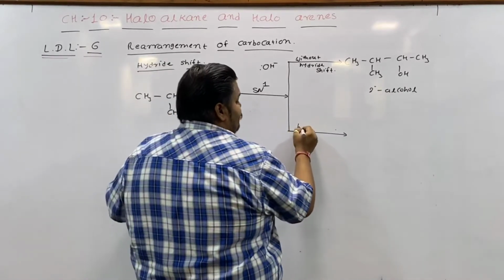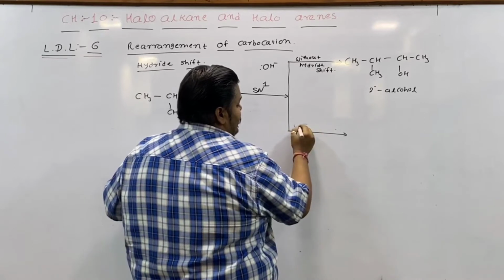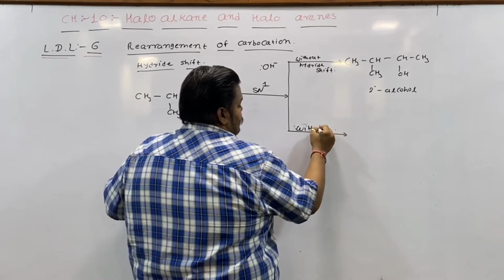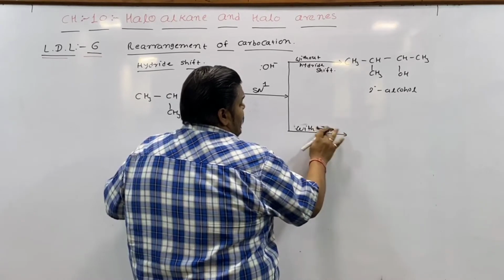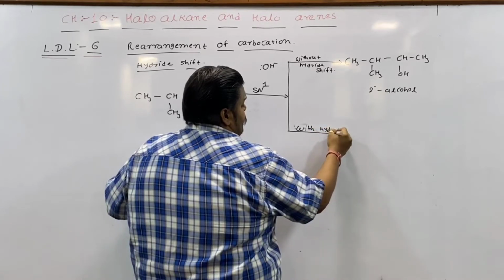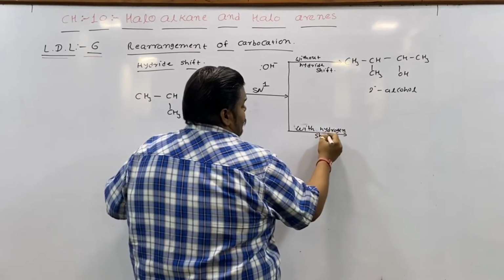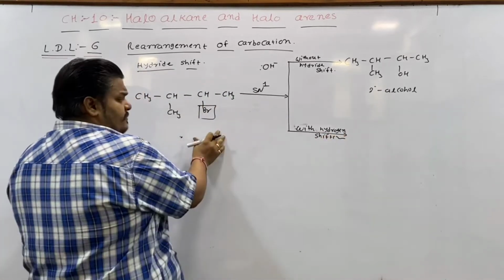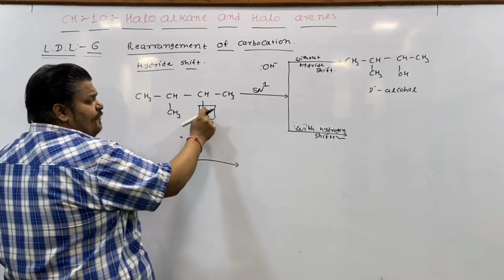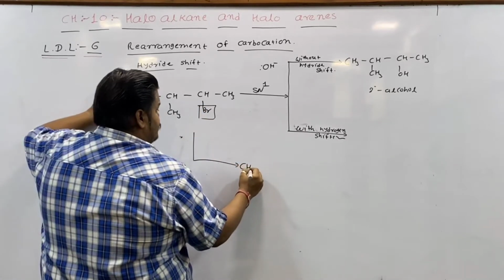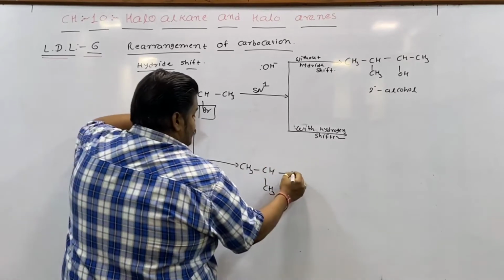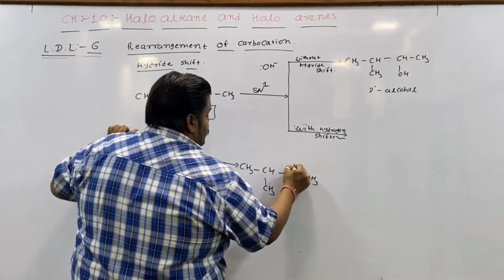But if hydride shift occurs, that means with hydrogen shifting, again we'll take the intermediate step. First we'll remove Br from this carbon to produce CH3, CH, CH3, CH and CH3.